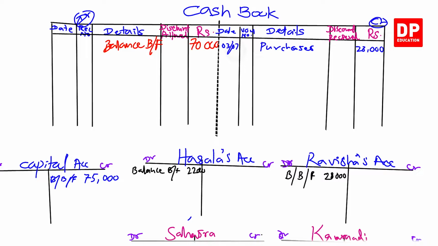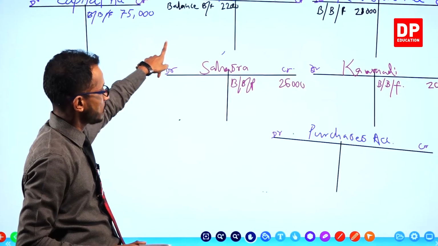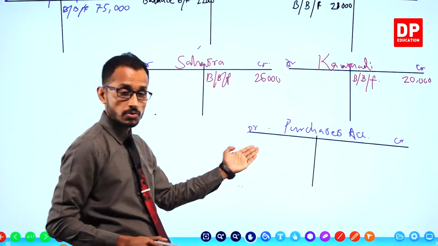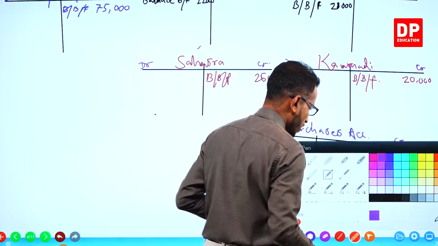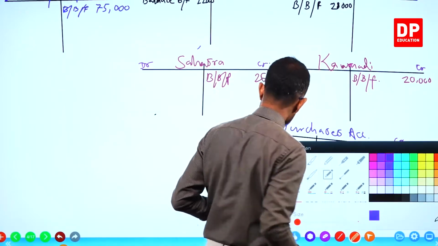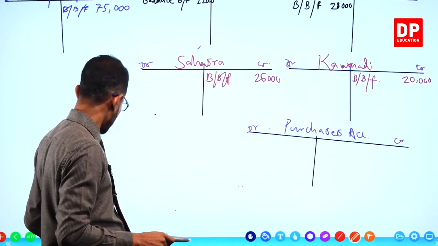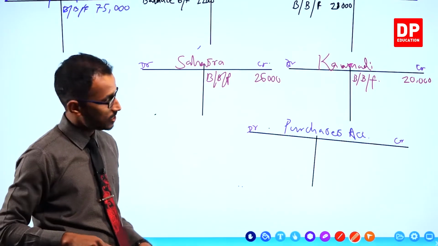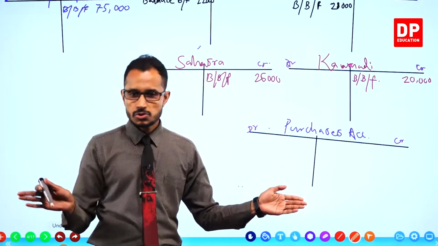3rd, 28,000 of a purchase. So purchases account should be debited because the cash book was credited. If you find out, children, just one entry, and if you are sure that cash book should be credited, obviously the other account should be debited.